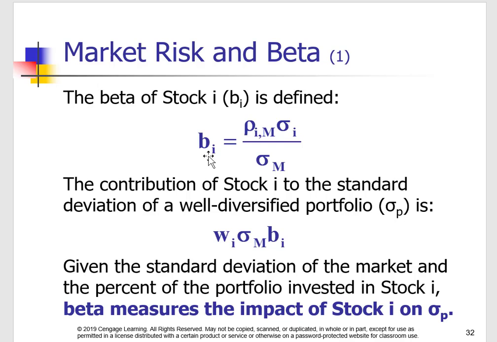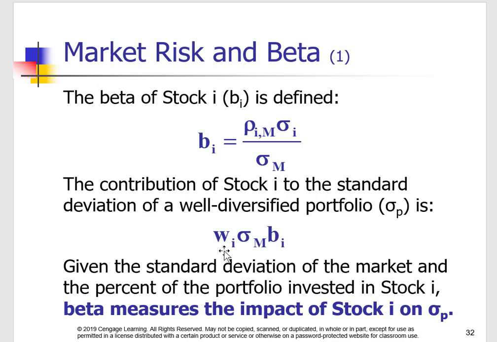Now, if we're looking in a portfolio, one of the questions we might ask is, how does this stock contribute risk to the portfolio, right? What is its contribution to the overall risk of a well-diversified portfolio? Now, if we only have two stocks, by definition, we really don't have a well-diversified portfolio.